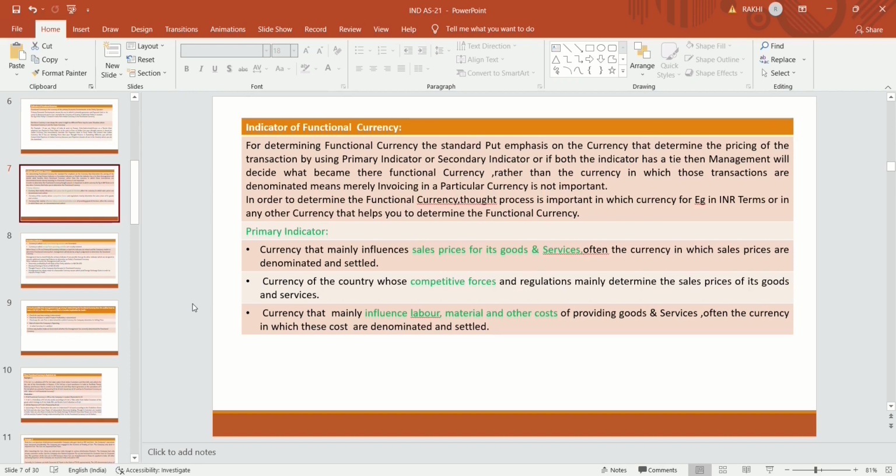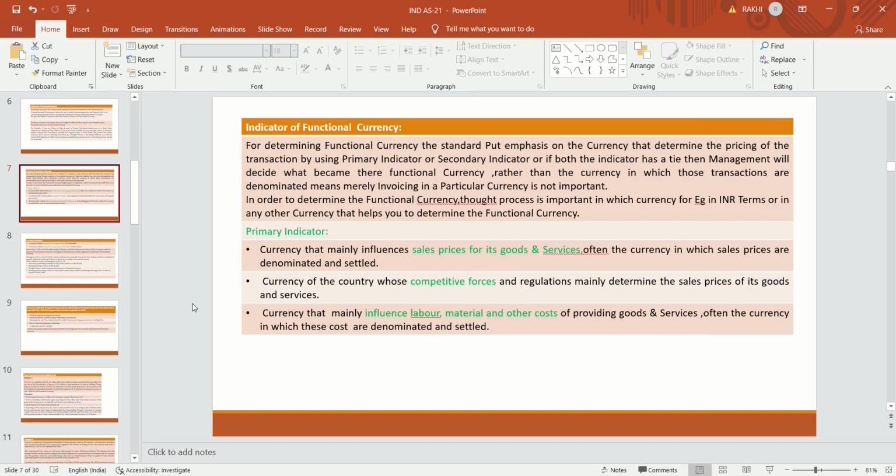If the manufacturing unit is in India, then they will decide the sales price by the purchasing power of the Indian customers. So that becomes the functional currency.